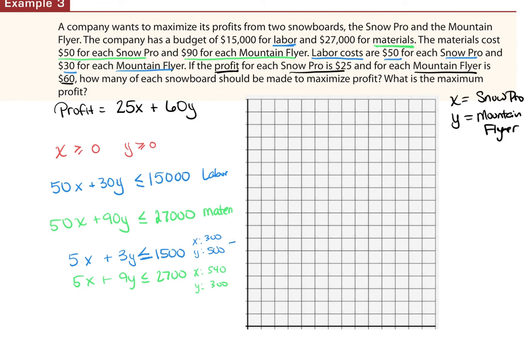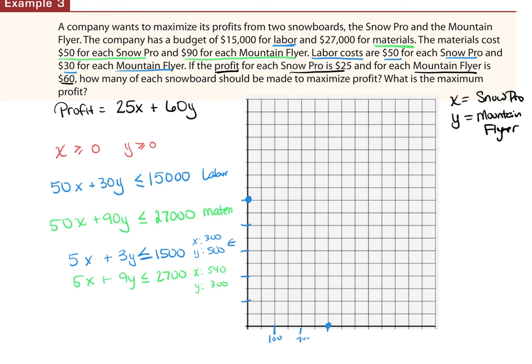So when I graph this guy, I'm going to say this is 100, this is 200, this is 300. So this is my x-intercept. This is 1, 2, 3, 4, 5. So this is my y-intercept, right? Does that make sense? And then I'm going to, of course, connect those dots.